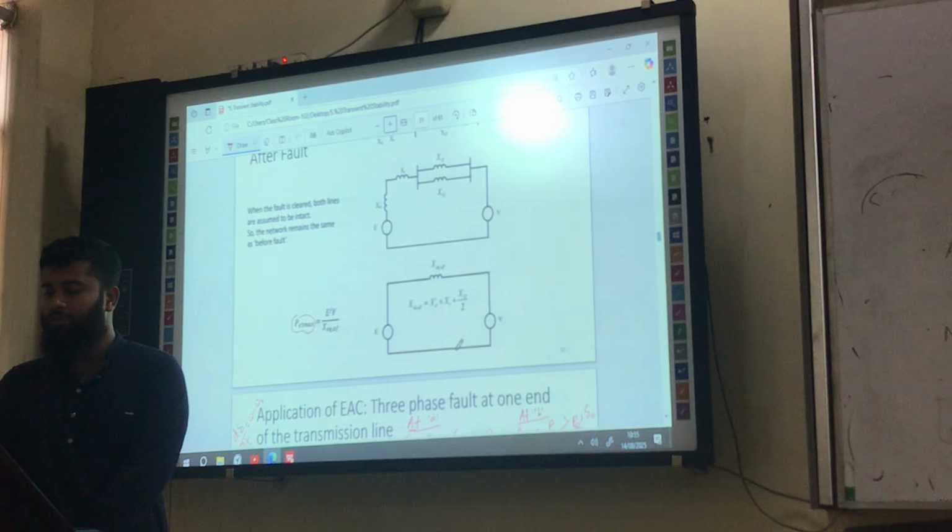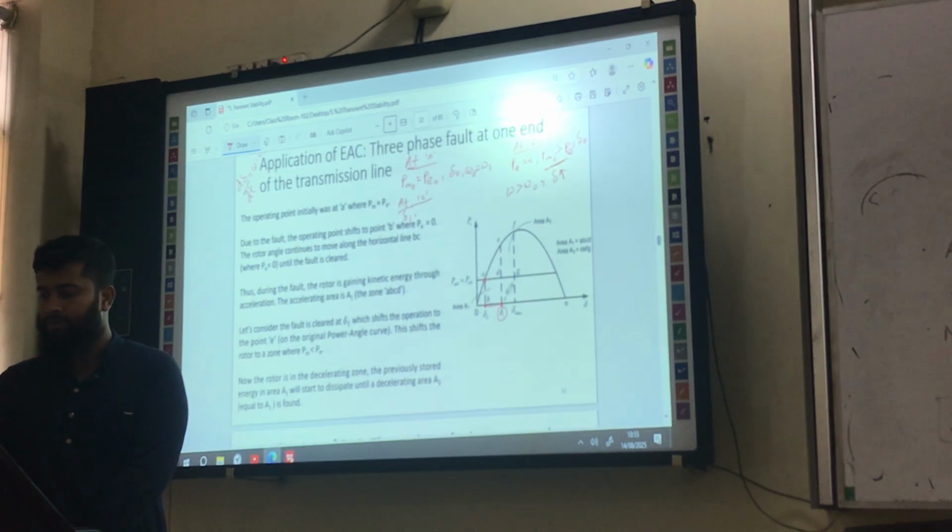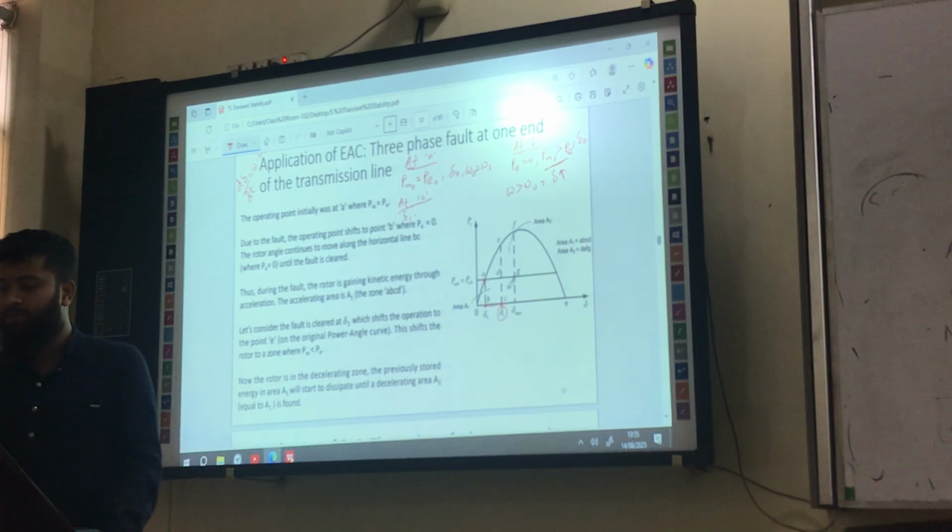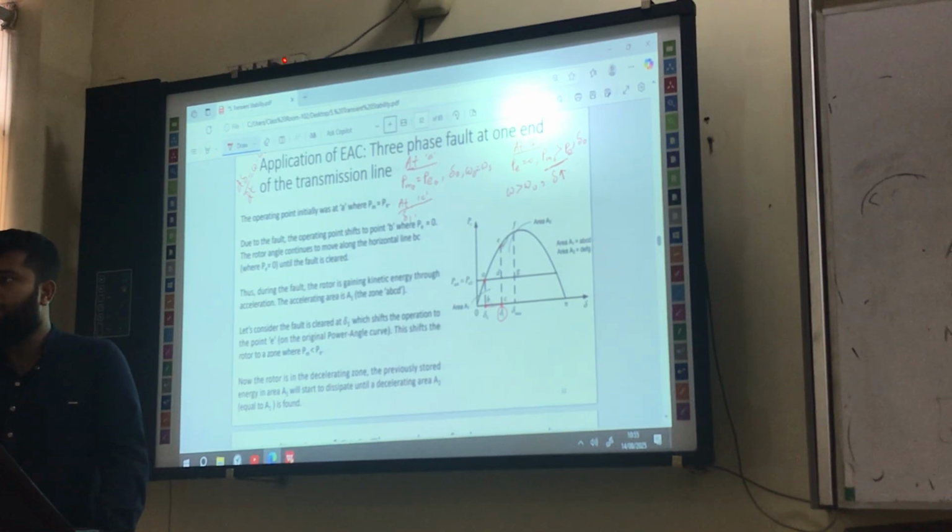So whenever the fault is cleared at point C, after this moment there will be a jump to point E on the power angle curve, right? Because now there will be some power transmitted to the infinite bus, and that power should be exactly equal to the before fault case.